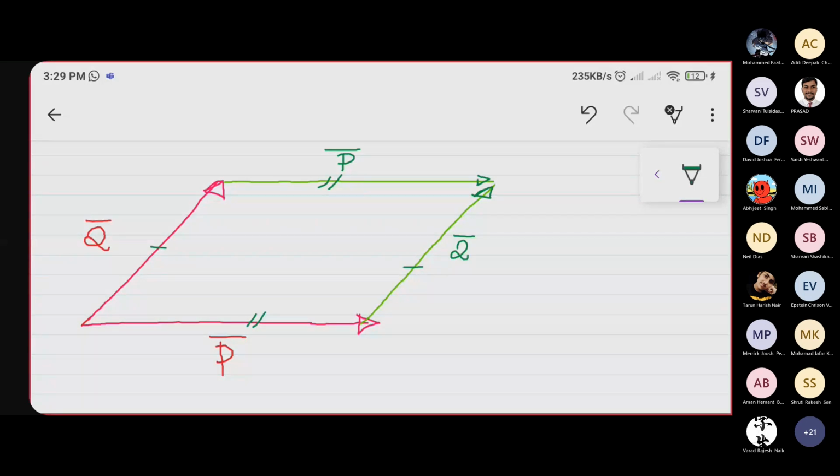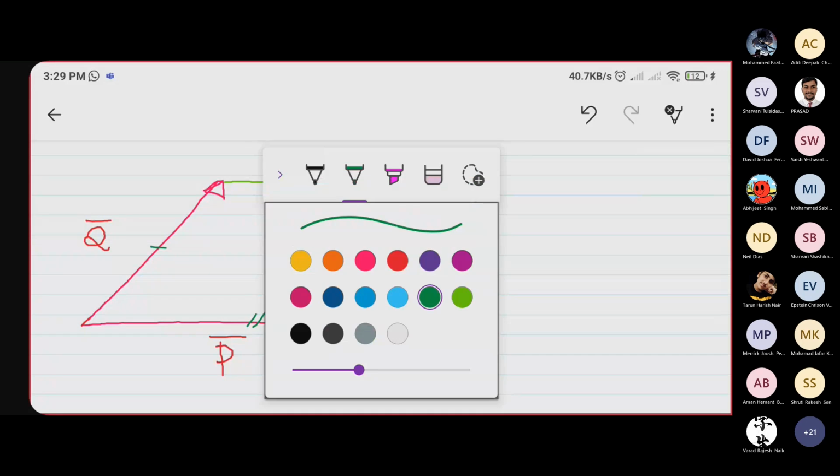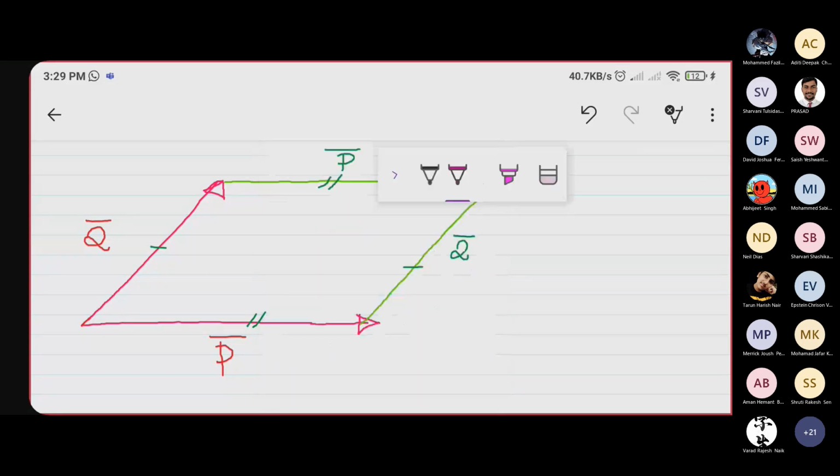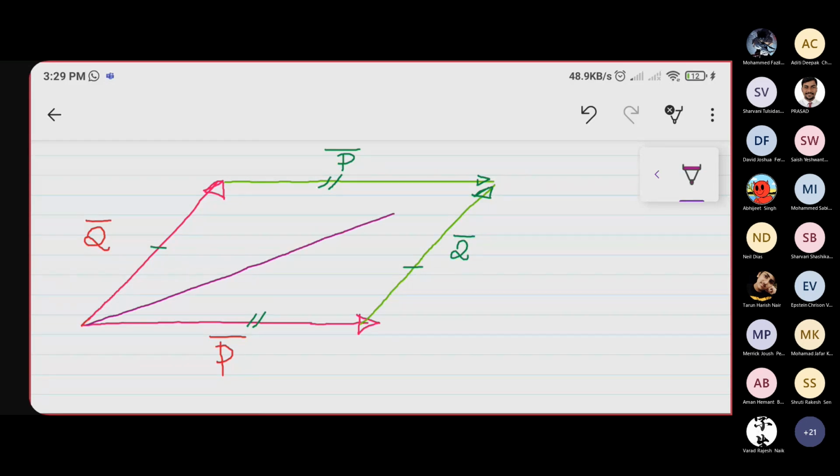Right. Now what I am going to do is to prove that this resultant, I will draw a resultant or diagonal.